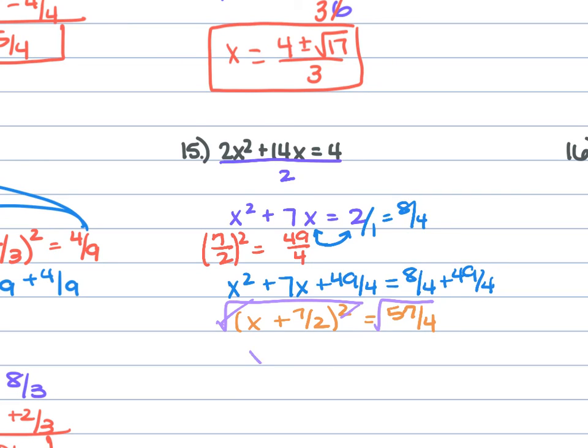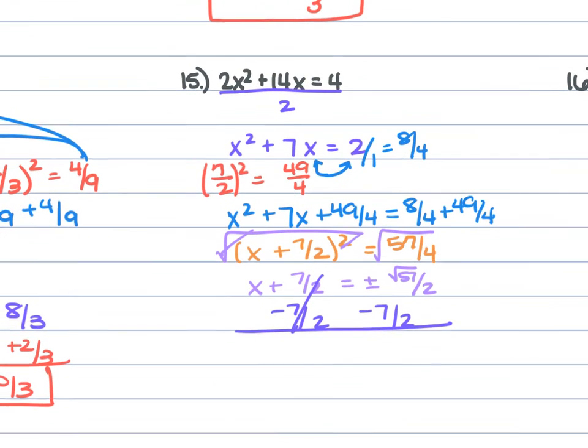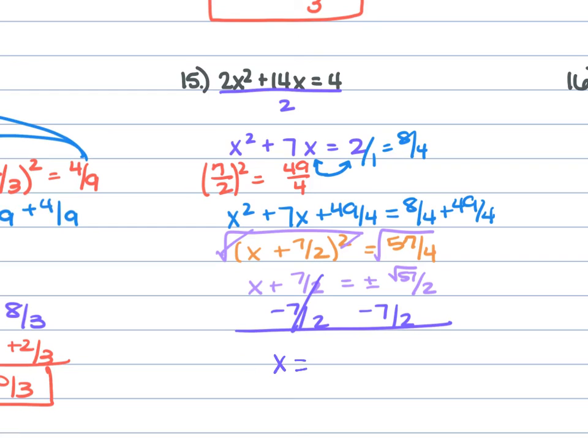So we're going to have x plus 7 over 2 is equal to plus or minus the square root of 57 over 2. So we're going to move the 7 over 2 over by subtracting it from each side. And we're going to be left with x is equal to negative 7 plus or minus the square root of 57 all over 2.